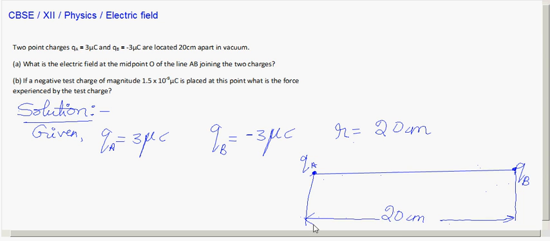So the question number A, what is the electric field at the midpoint O of the line AB joining the two charges? Now we have to mark the midpoint O. So if this is 20 centimeter is R, so this will be R by 2, that is 10 centimeter.